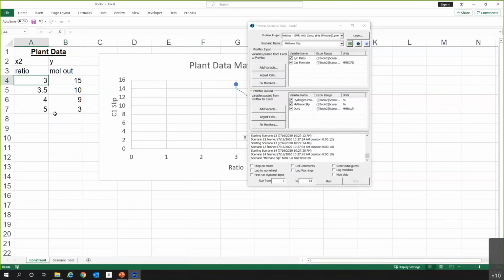We can plug in 3 and we'll get very close to that 15 mole percent slip. You could easily match this to your reactor. That's how you would validate the model, by comparing it to your plant data.